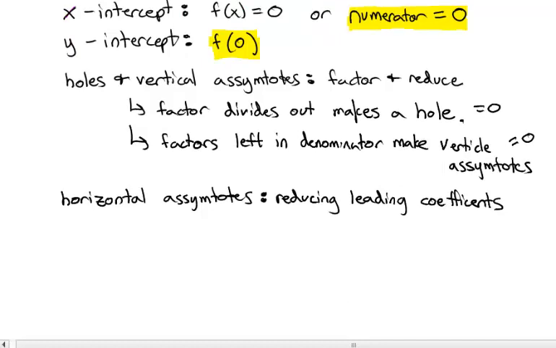When we reduce the leading coefficients, we might end up with a number divided by a number. That is the horizontal asymptote.